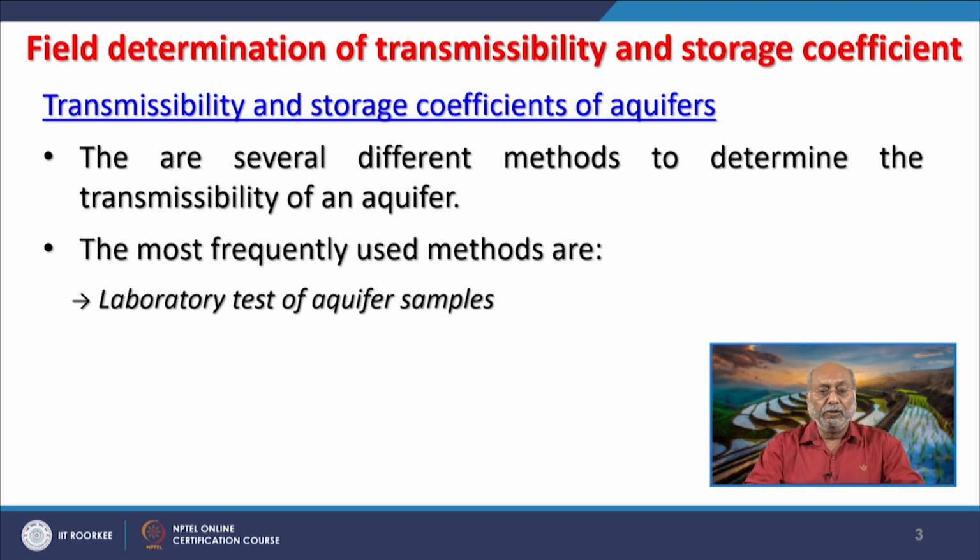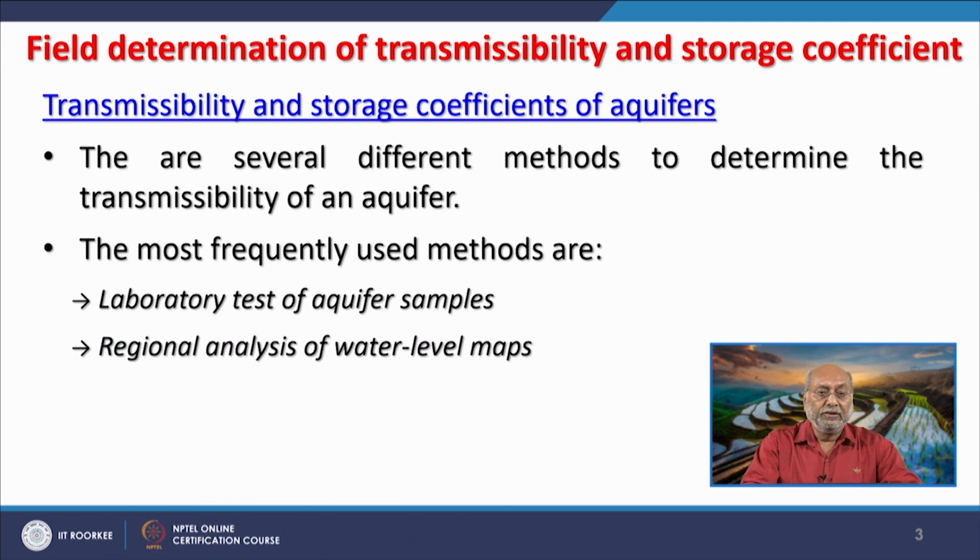The reason is that when drilling is done, large pieces may not come out if the borehole size is not very big. But anyway, if rocks are available or lithologs are available about the vertical positions of different geologic formations, then those tests can be performed. Secondly, the regional analysis of water level maps.